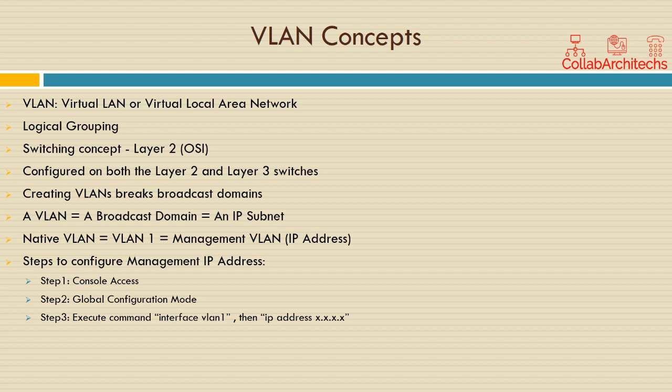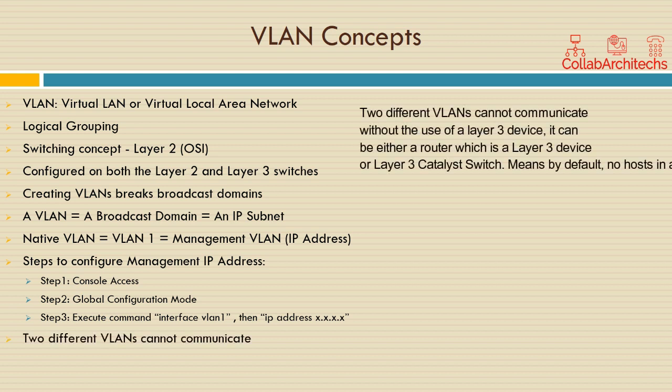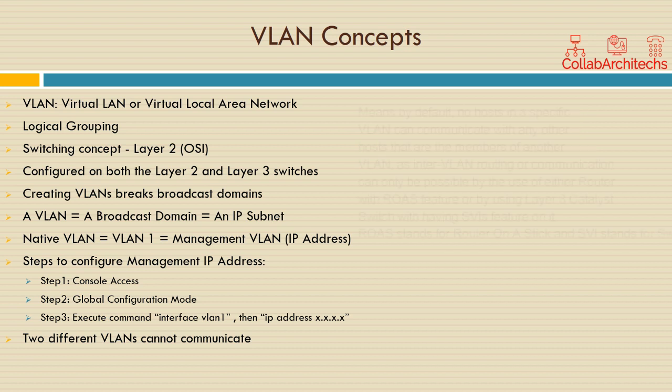Two different VLANs cannot communicate without the use of a layer 3 device. It can be either a router, which is a layer 3 device, or a layer 3 catalyst switch.